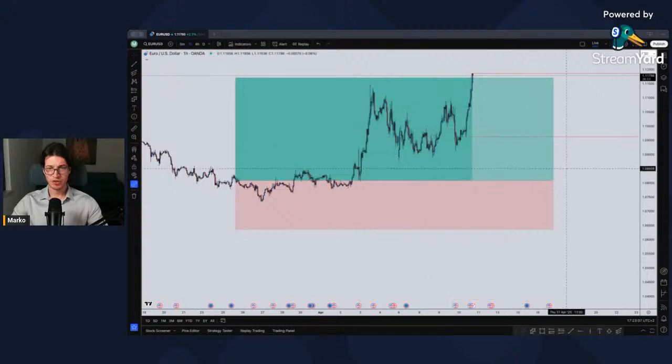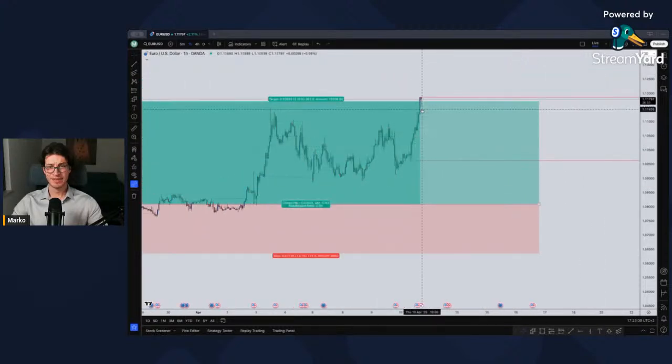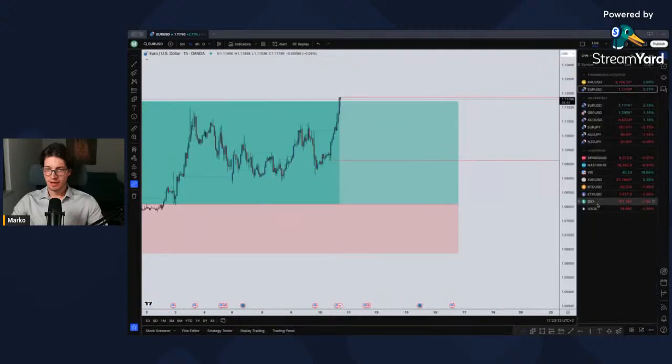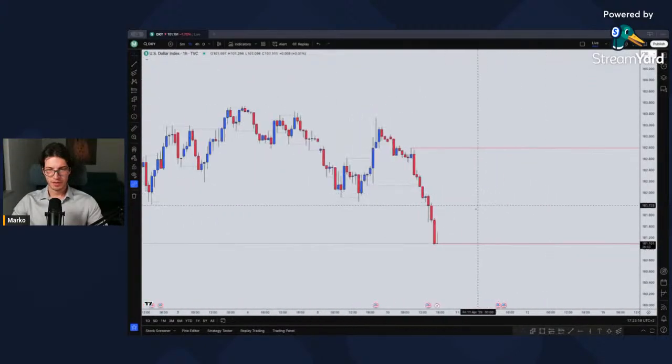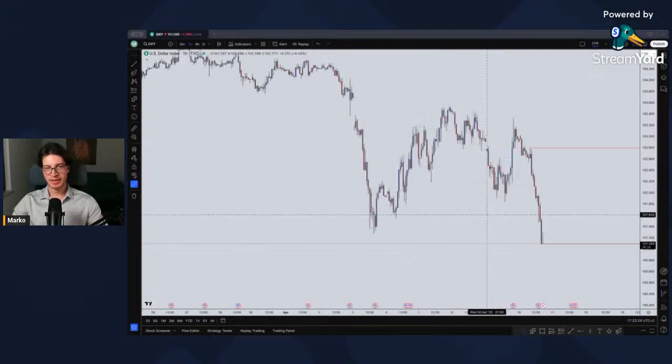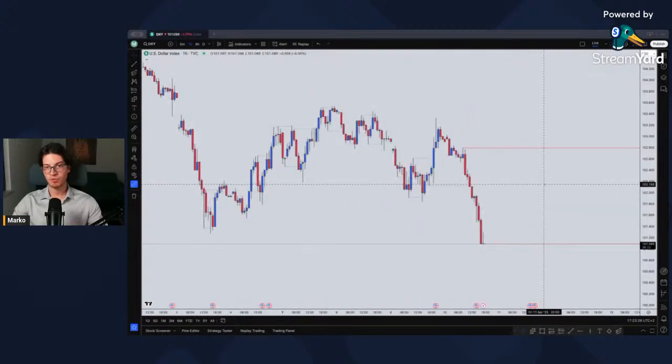So that's why you also saw that euro dollar went up. We can also go to the dollar index, DXY right there. And yeah, just a bearish reaction on the dollar, which is to be expected. And this is also in line. We do have two catalysts. First catalyst is the risk-off environment with all the tariffs.